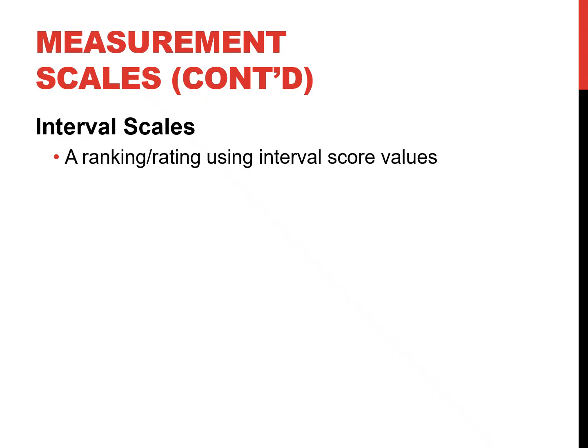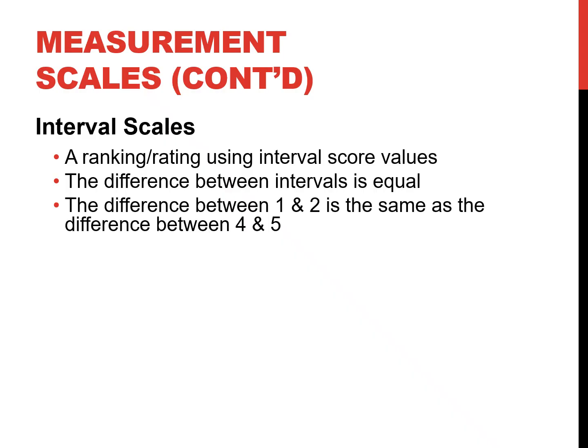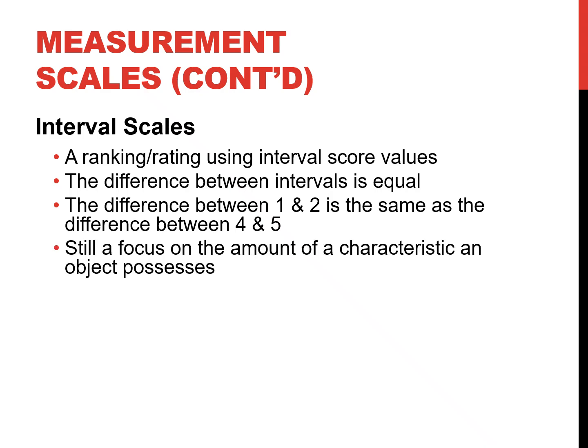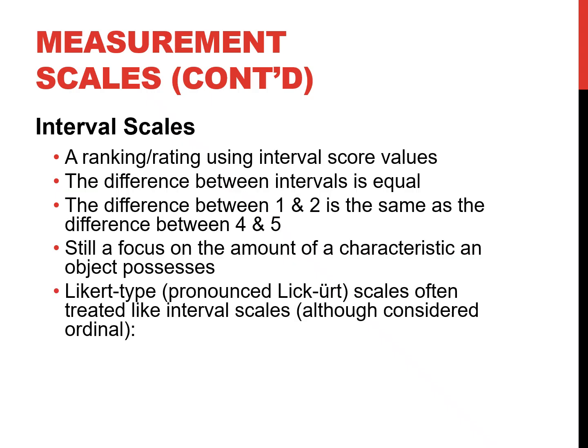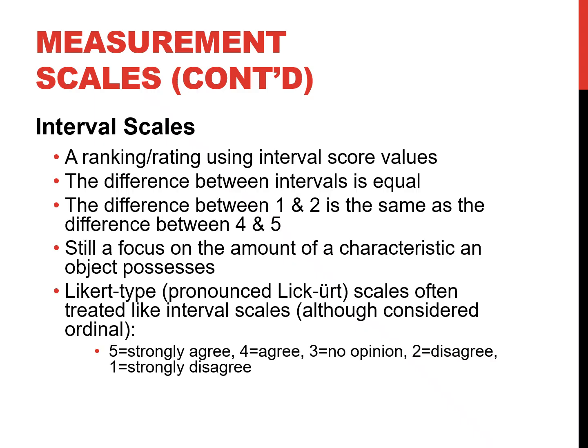Looking at interval scales, it's similar to ordinal, except that the difference between intervals is equal. So the difference between 1 and 2 is the same as the difference between 4 and 5. The focus is still on the amount of the characteristic that an object possesses. Here we're setting out exactly what we mean by a Likert scale. It's from 5 to 1, and it's important that 5 is strongly agree, because that implies more.